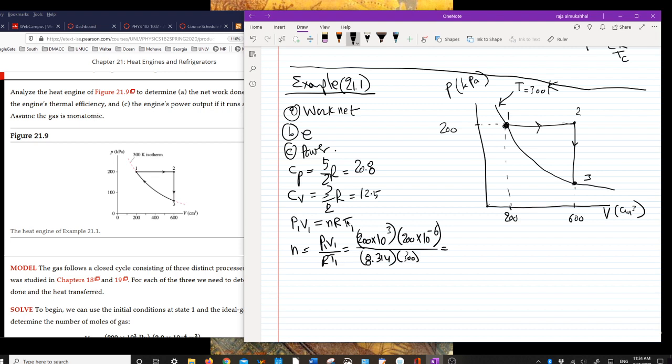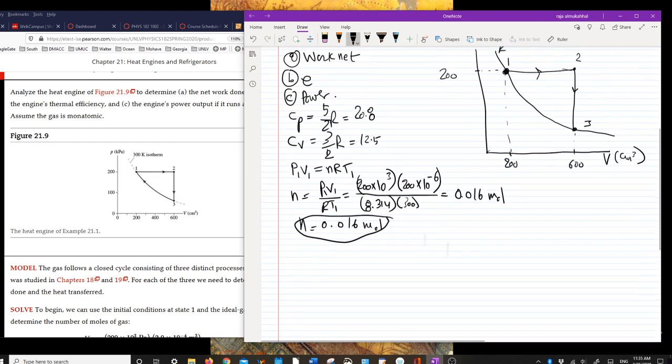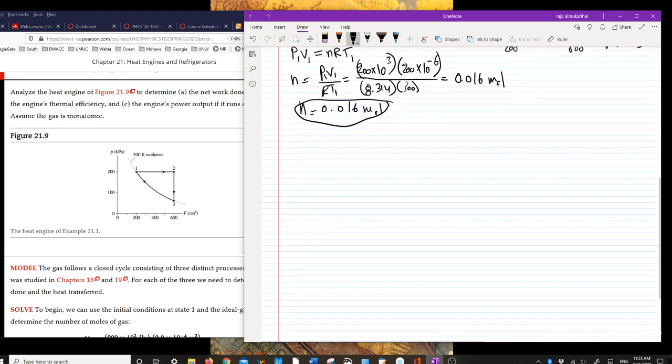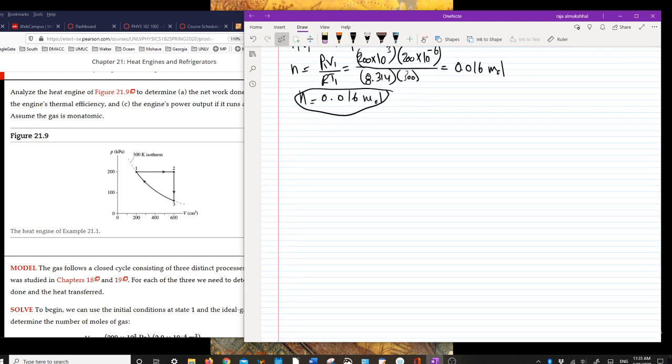When you calculate all that, you end up with 0.016 mole. So n here is 0.016 mole. I'm using my hand on the screen to lift it. Can't think of a different way of doing it.